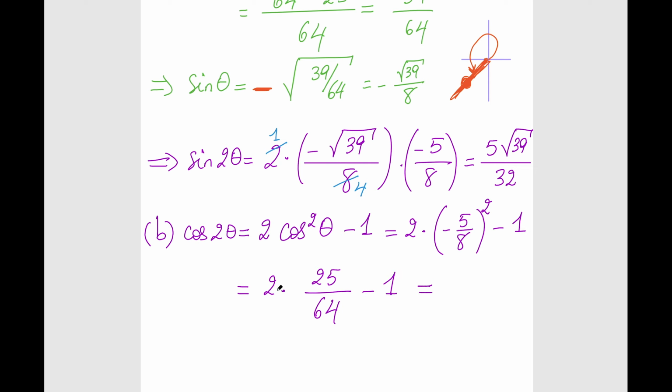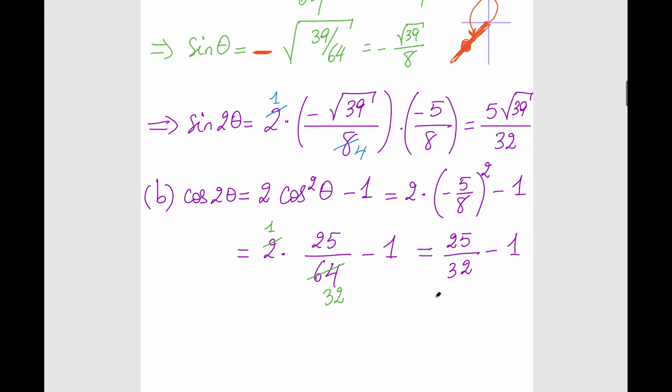If we simplify by 2, we get 1 and 32. So this is 25 over 32 minus 1.